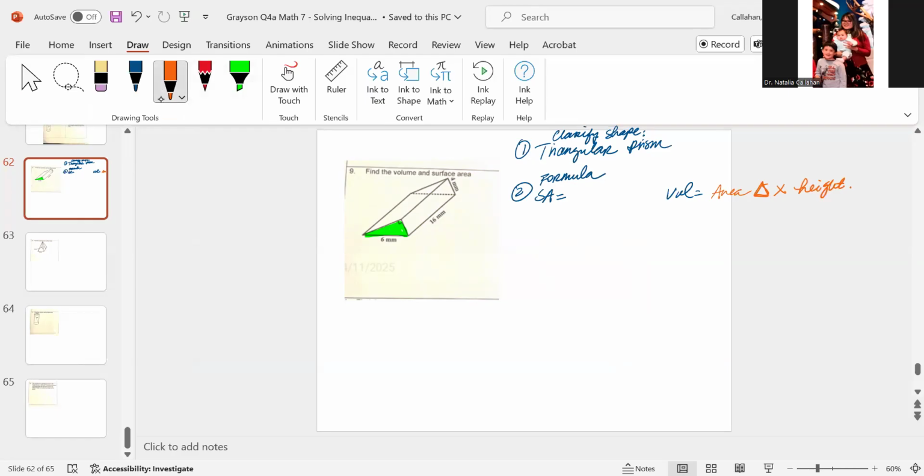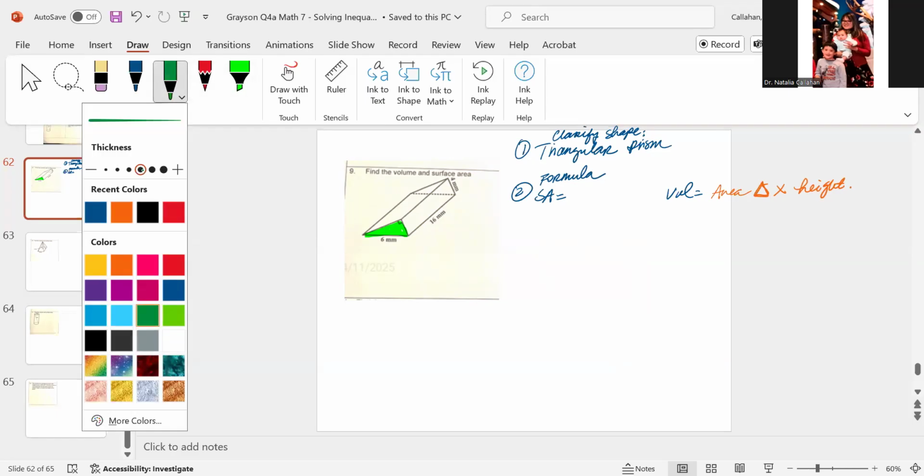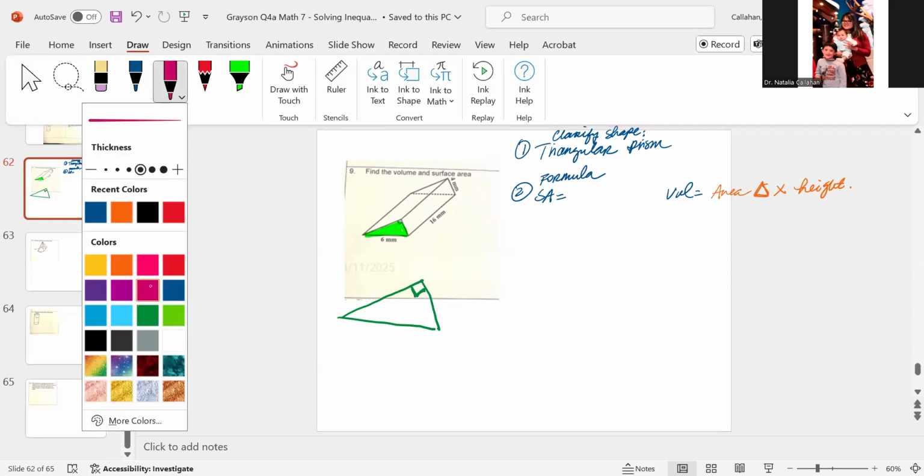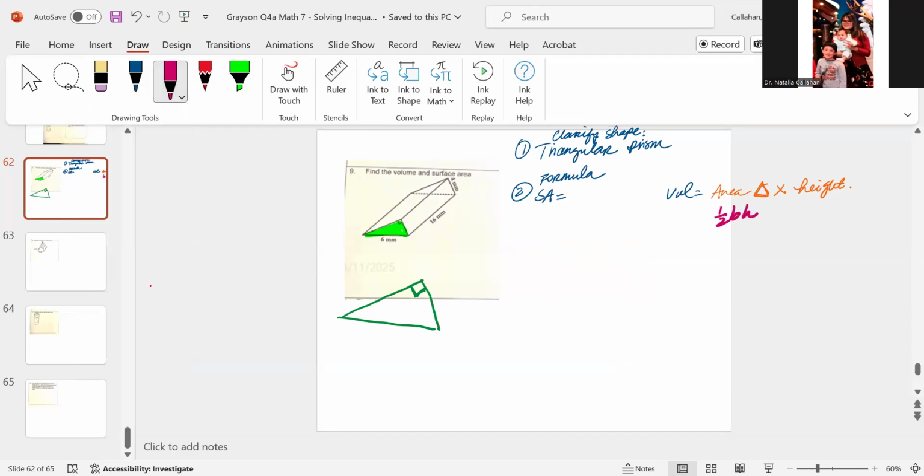So for this triangle alone, because it is by itself, I'm going to just redraw it right here. Make sure, how do you find the area of a triangle? What's the formula for area of a triangle? Good.